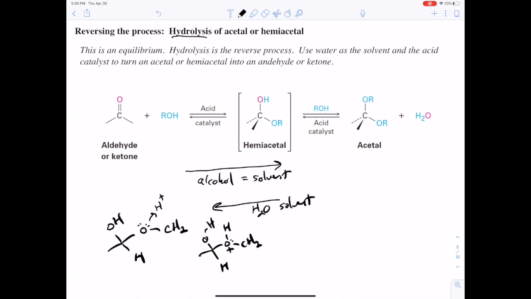Okay. And then this will return to its carbonyl and kick this off. Okay.